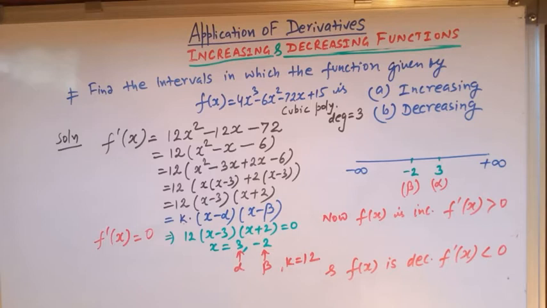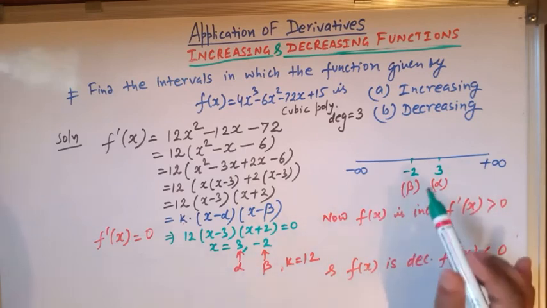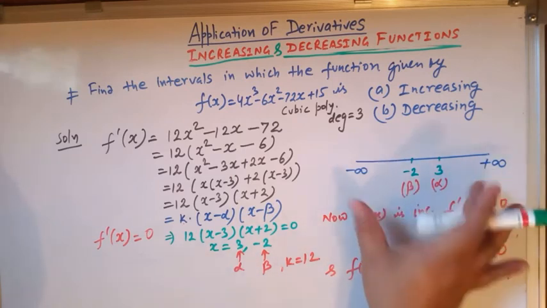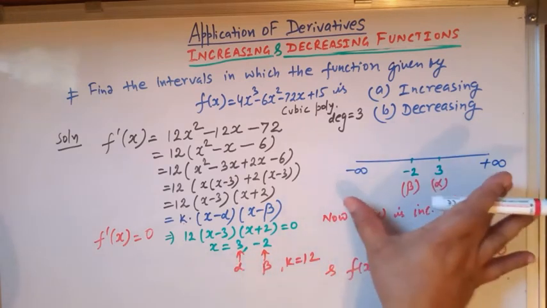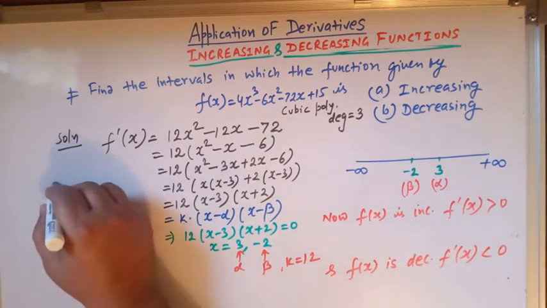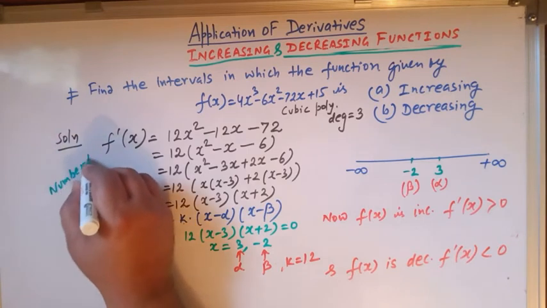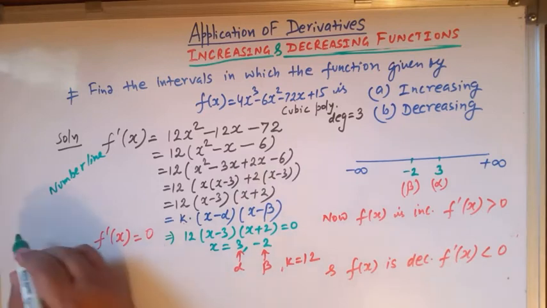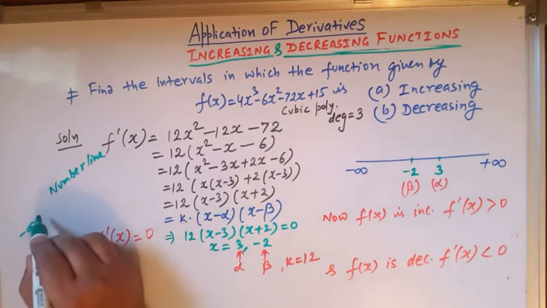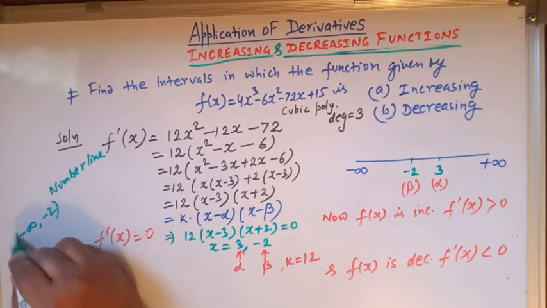Okay. Now let us come to this number line. So here we have two roots, 3 and minus 2. So this number line is divided into 3 intervals. The first interval is minus infinity to minus 2.